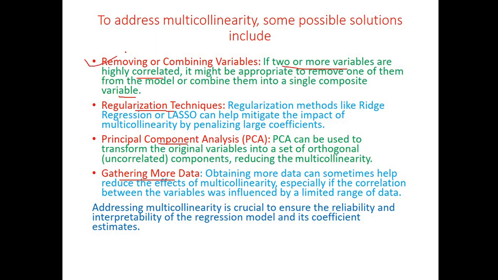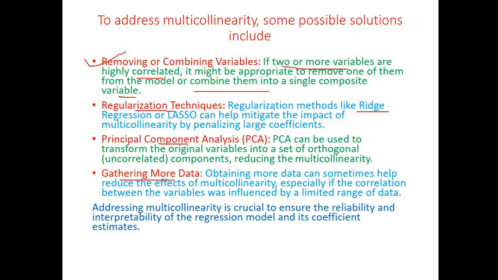This is the technique suggested by removing or combining the variables. So we might remove one or more variables if they are related, or we combine them into a single composite variable.